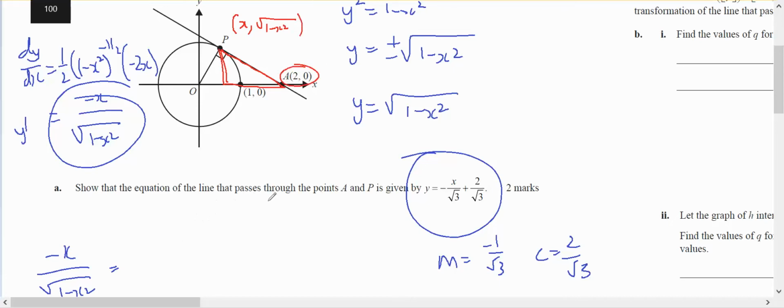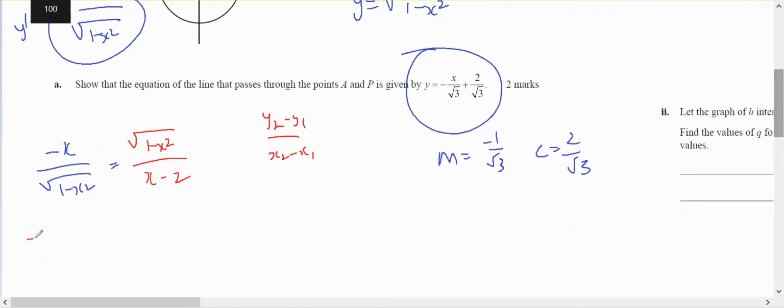So it's going to be y2 minus y1 over x2 minus x1, which is going to be the square root of 1 minus x squared minus 0, over x minus 2.